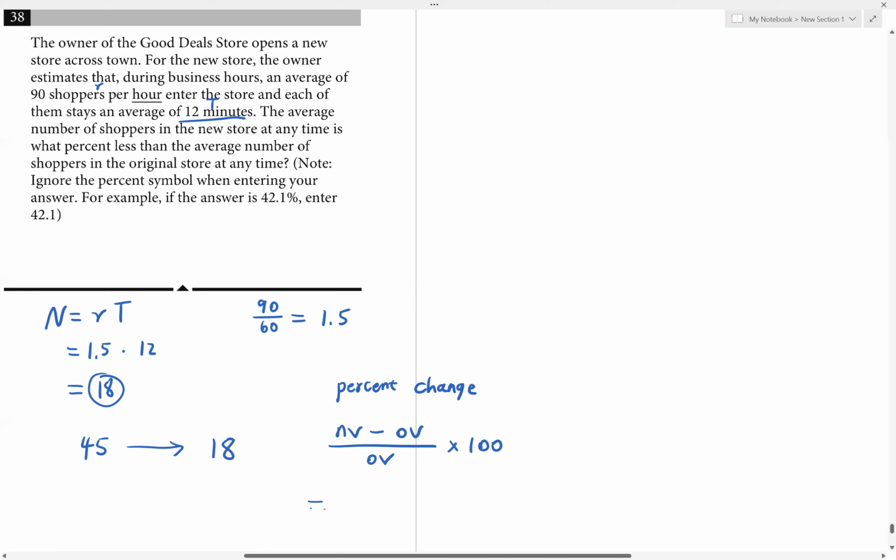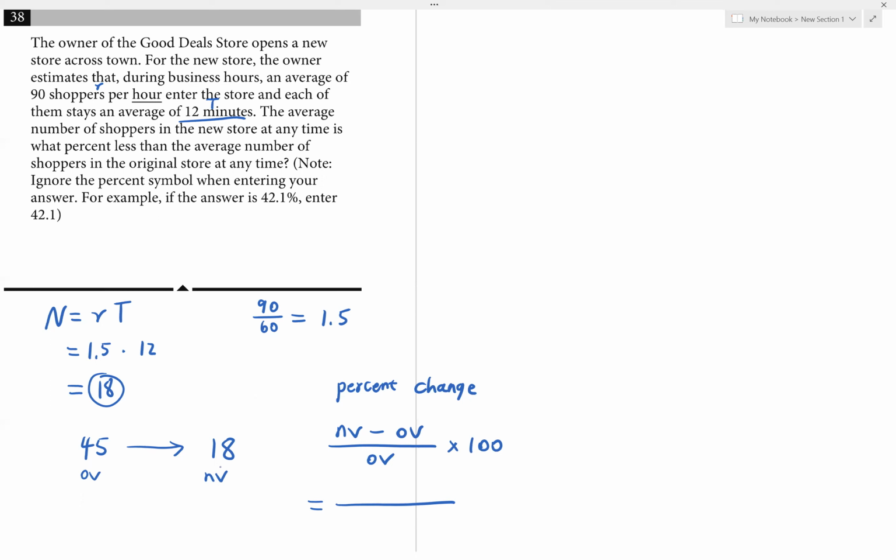The original store is 45, so that's the original value. The new value has to be the new store, so it'll be 18. We know it's a decrease, so the new value is after the decrease, that's 18.